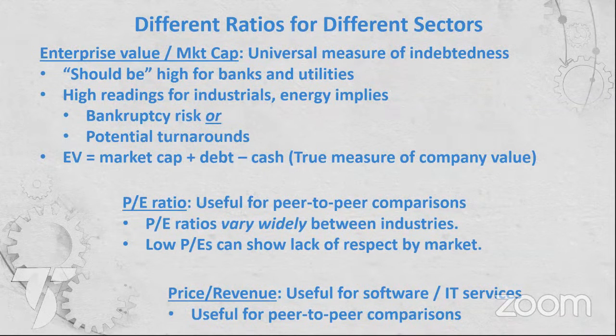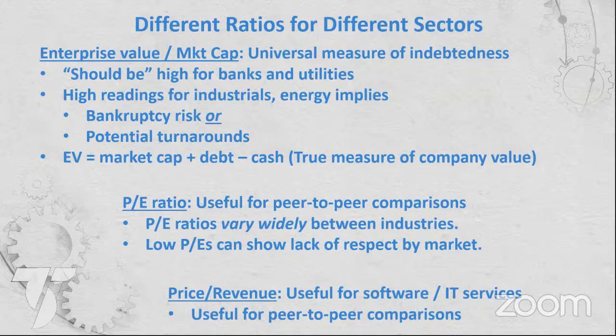So a bank should have a lot of debt. The other sector that should have a lot of debt is utilities. Utilities have extremely stable businesses. So a utility finances most of its assets by borrowing money. And they're usually considered very stable, safe investments. Therefore, they will have a large amount of enterprise value to market cap.